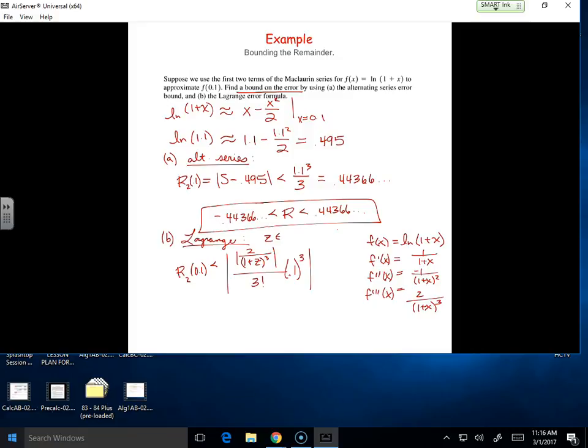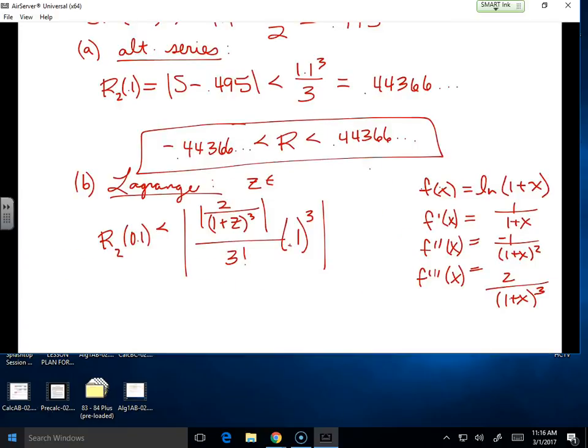Look at your card. C is 0, right? We're centered at 0. And then what's my X? 0.1. So Z has to be between, right? The interval, however it should go, 0 comes first and 0.1 comes second, right? 0 and 0.1.